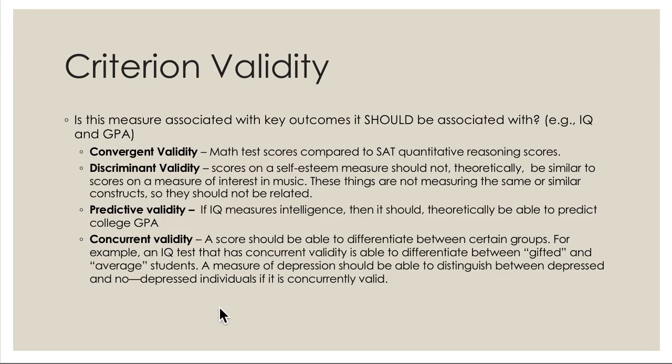Now, I'm not sure if these last two were actually mentioned in your book. I'm looking through the book. Different books talk about validity in different ways, so I'm hoping this can give you another perspective and possibly clear up information that you read in the book. But it's a score that should be able to differentiate between certain groups. So an IQ test that has concurrent validity is able to differentiate between someone who is considered gifted versus an average student, right?